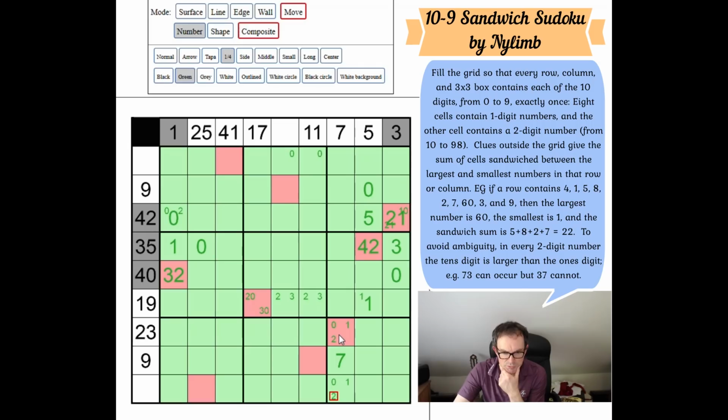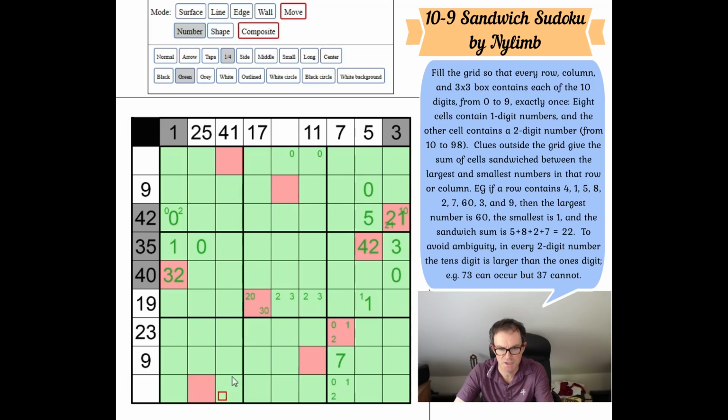So the 23 clue now. Oh, I tell you what's interesting. Look, this 0 is interesting and this 0 is interesting, because we know there's a 0 on one boundary of this 41 clue, and therefore we actually know it must be this.